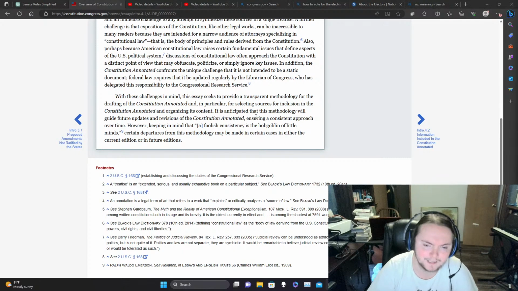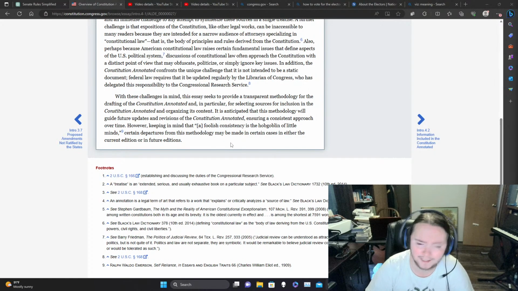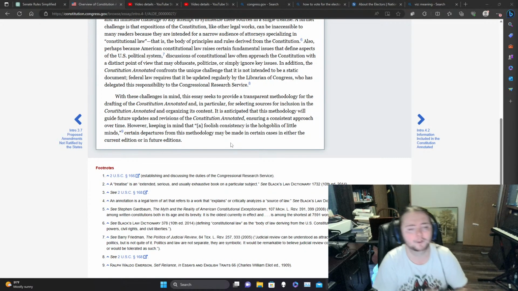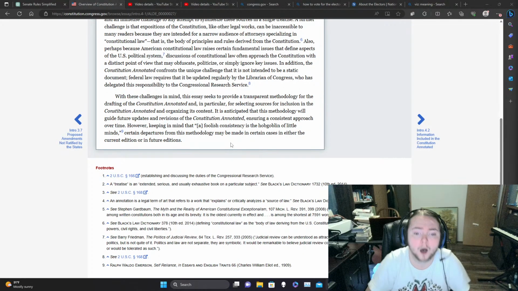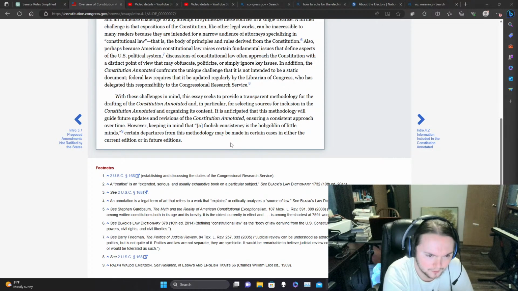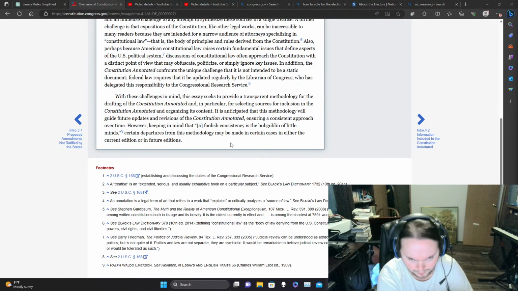It is anticipated that this methodology will guide future updates and revisions, ensuring a consistent approach over time. However, keeping in mind that a foolish consistency is the hobgoblin of little minds, certain departures from this methodology may be made in certain cases in either the current edition or future editions.